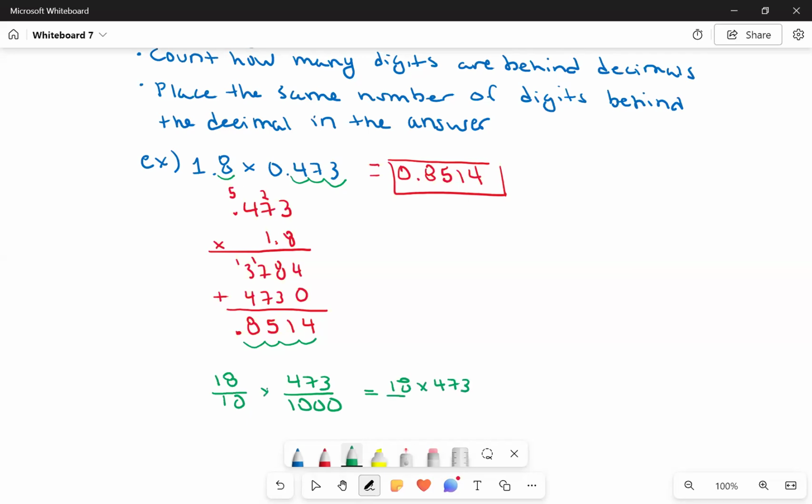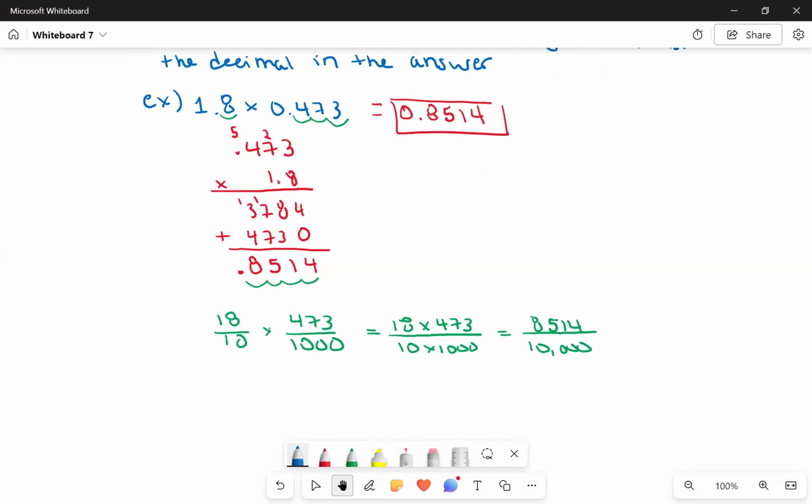And then when you multiply 10 times 1,000, that gives us 10,000 in the denominator and 8,514 in the numerator, or 0.8514 in the 10 thousandths place. Cool. Okay, moving on to the powers of 10.